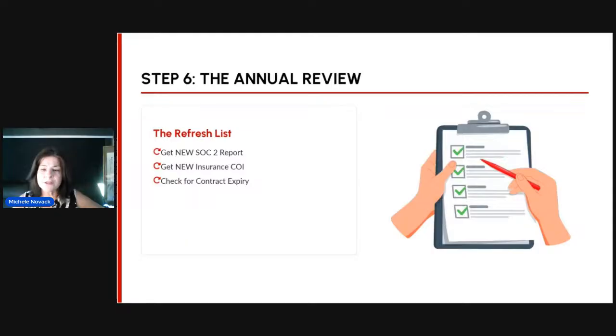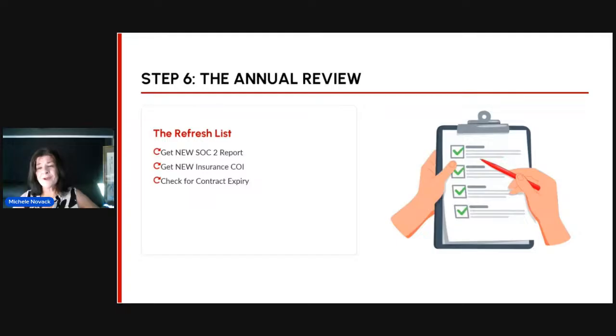You must request a formal bridge letter, or what we call a gap letter, signed by the vendor's executive management, stating that no material changes have occurred in their security infrastructure since the report was published. And again, you may have to email them, you may have to use their support ticket, you may have to chat with them, however you have to do it, right? This is especially important for smaller companies and those niche platforms that we talked about, the smaller apps, the shadow IT apps that your employees downloaded, and you had no idea. This is very important.